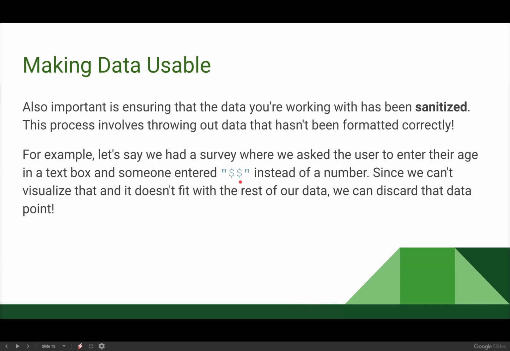Since I'm not able to visualize $, and additionally, it's not going to fit with the rest of our numeric data, I can't really put that on a chart anywhere, so I'm going to discard that entry. I'm going to get rid of it, ignore it, pretend it doesn't exist, because otherwise my data set is going to be harder to work with. So we are sanitizing our data set to make it easier for us to actually work with.